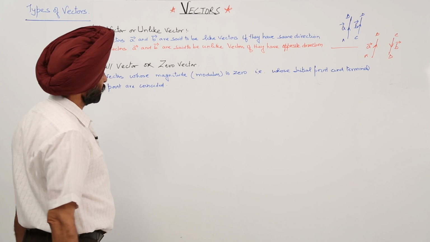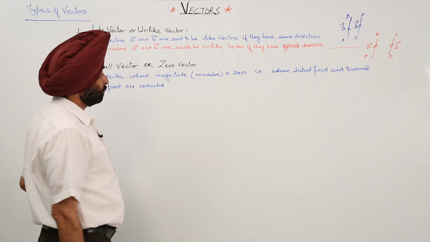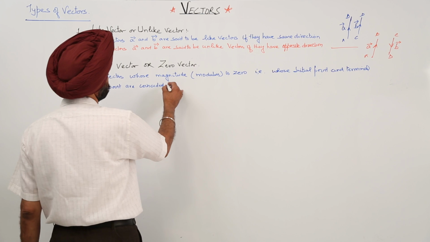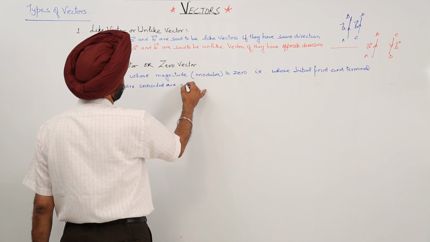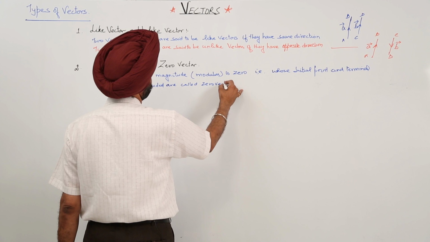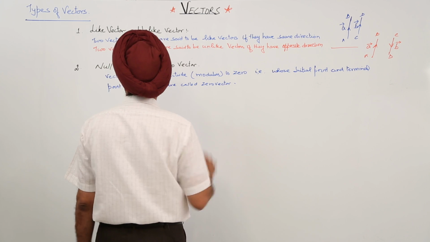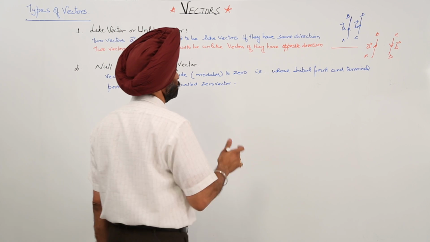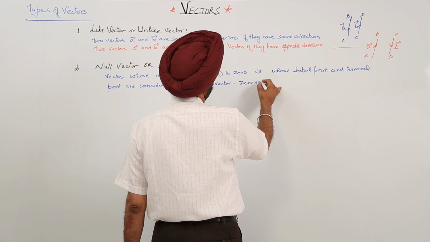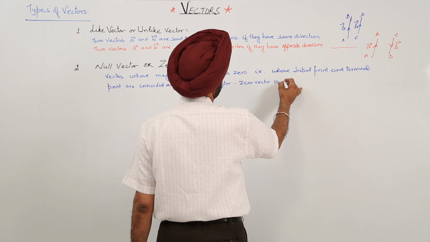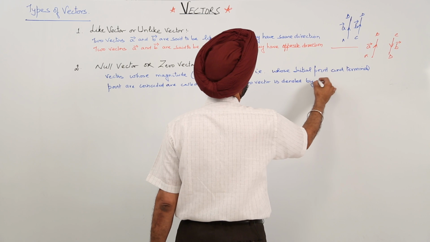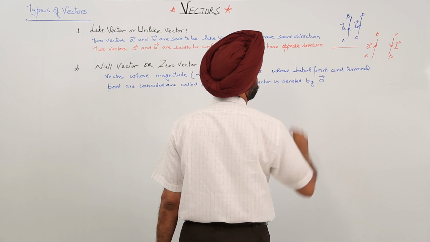The vectors whose magnitude or modulus is 0, or the vector whose initial point and terminal points are coincident, are called zero vector. Now this is one of the things. Now zero vector is denoted by this symbol.